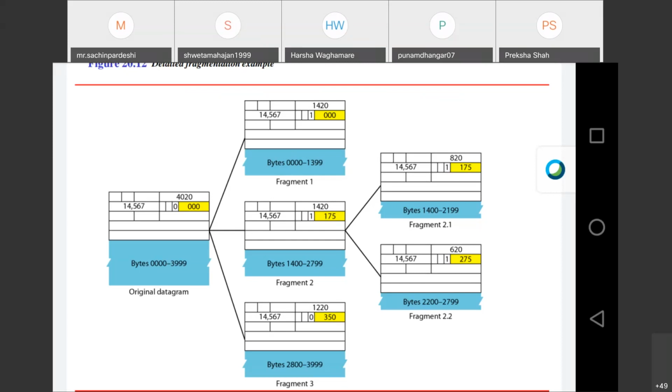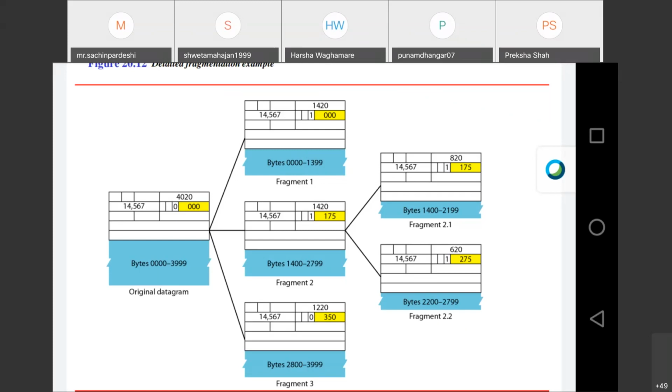So total length is 4020. Identification value 1567. And the three flag bits: first is reserved, second one is D, and third one is M, that is more fragment. And the next bits 0 are nothing but the fragmentation offset. So this is the first datagram.